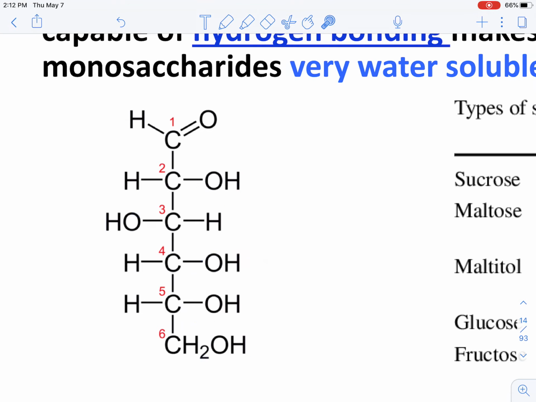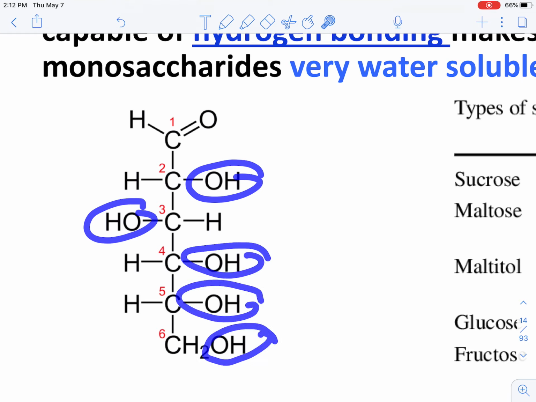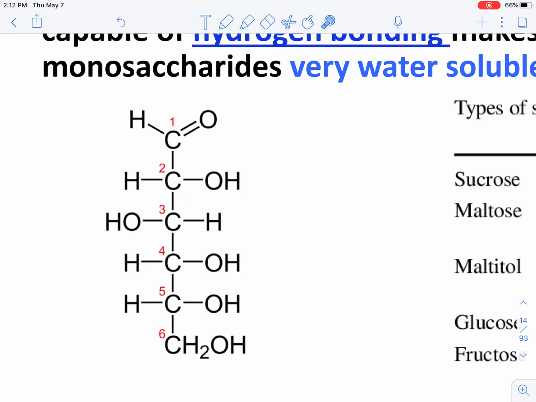So these are alcohols. And so since we have a plethora of hydroxyl groups, if you guys recall their physical properties, we know that these hydroxyl groups are polar. Therefore, they can interact with water molecules through hydrogen bonds. And so I'm just going to go ahead and draw this here very quickly. So we know that there is a permanent dipole pointing towards oxygen, making this oxygen partially negative, making this hydrogen partially positive.